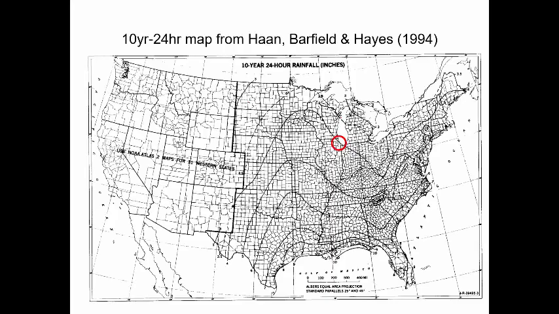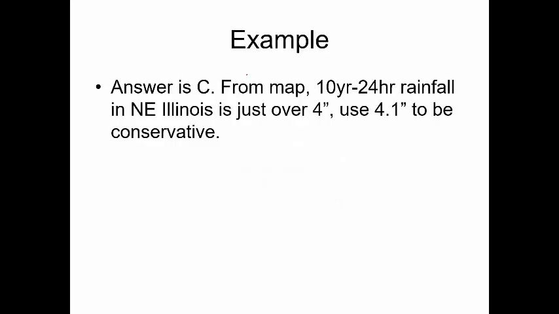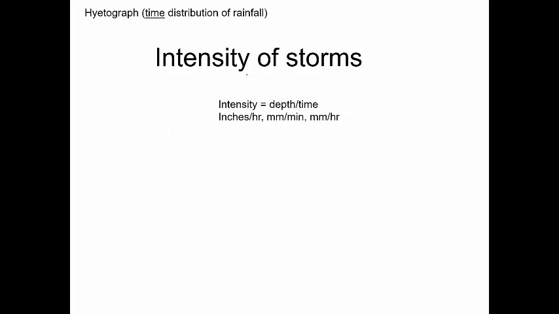So you have to look for the 10-year, 24-hour rainfall, and sometimes other sources have better resolution, like here is the National Weather Service. So as I said, all the sources have the same information. So if it's just over 4 inches here, 4.1 would be conservative.